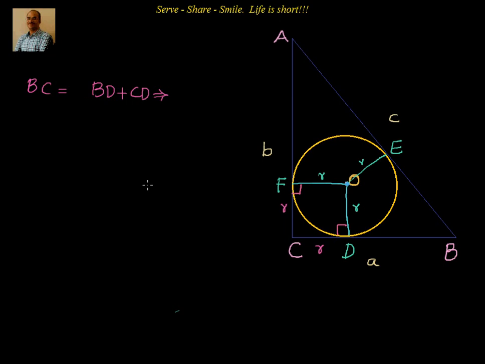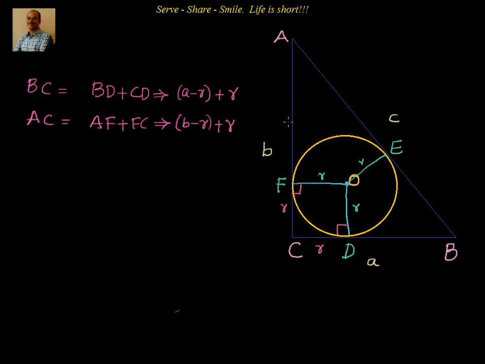We know the total length is A, so BD will be A minus R and CD will be R. Similarly, the length of AC is equal to AF plus FC. We know AC equals small b, so AF will be nothing but B minus R.